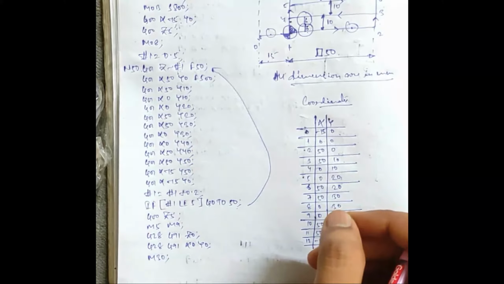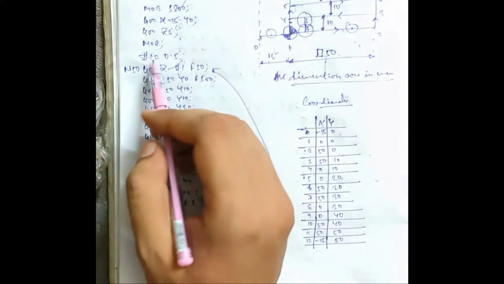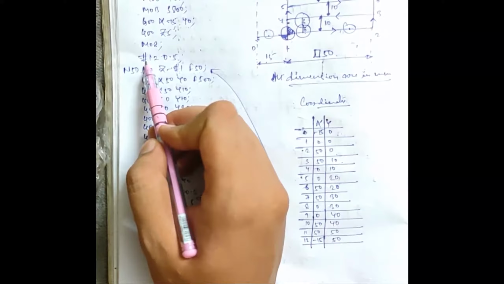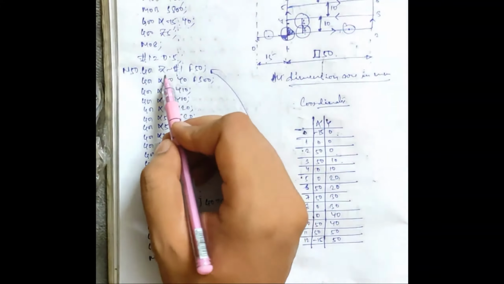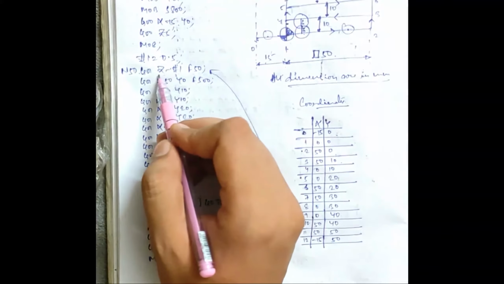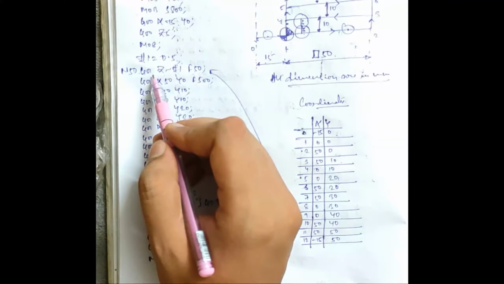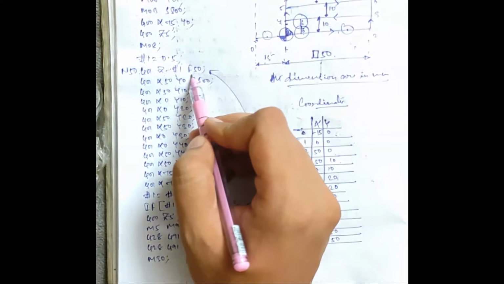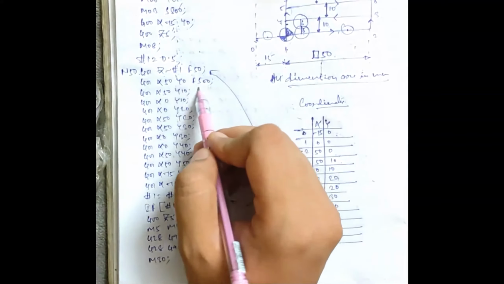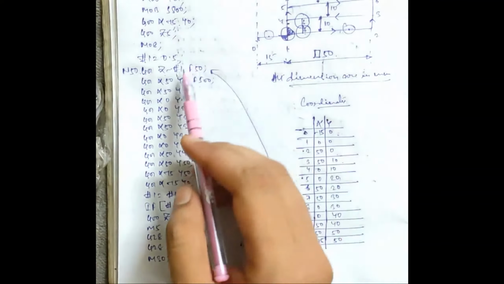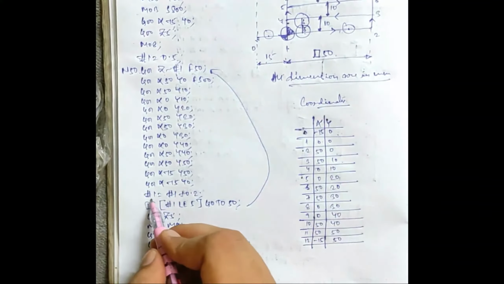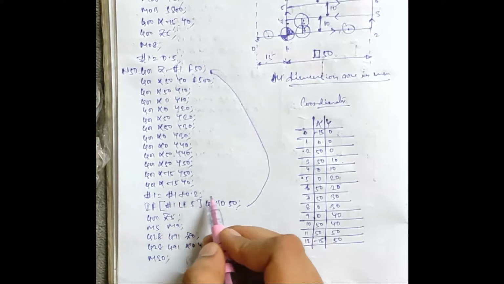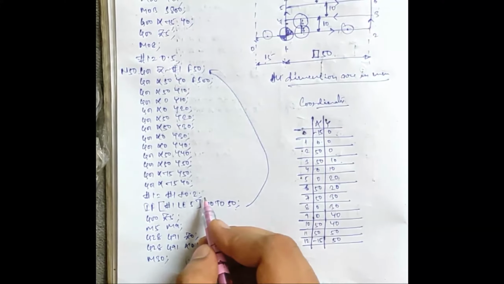So let's talk about some points. H1, H is your macro variable. Okay, so Z minus H1, F50, this is your plunge line, and F50 is your plunge feed. Then F500 is your cutting feed. H1 is your first depth of cut, which is 0.5 mm, and H1 equal to H1 plus 0.2 is your incremental depth of cut.